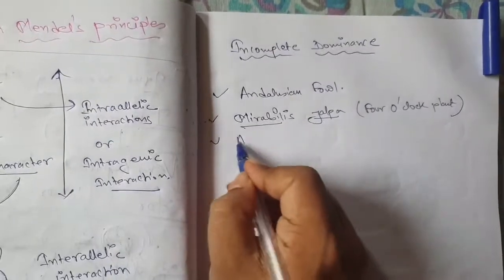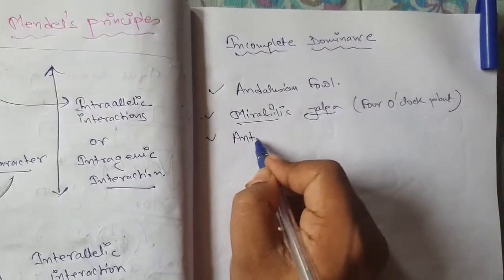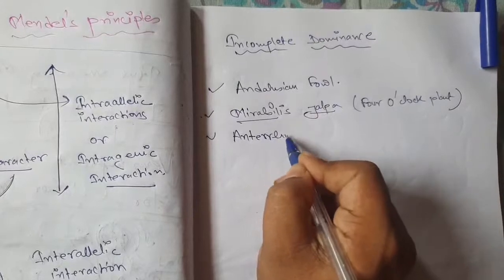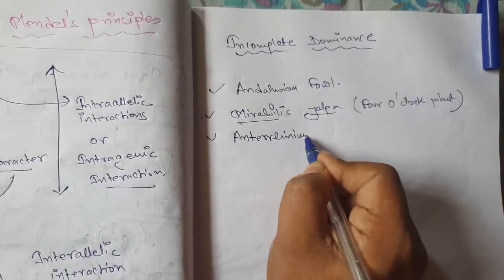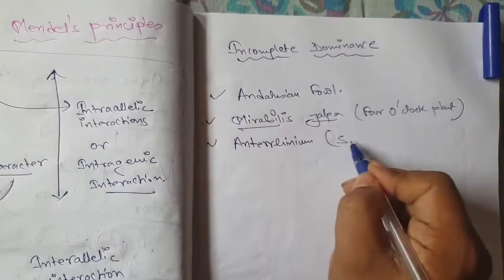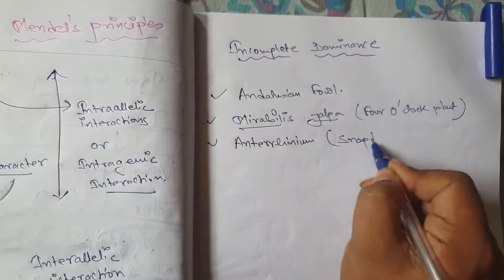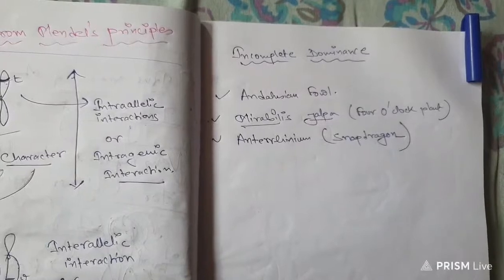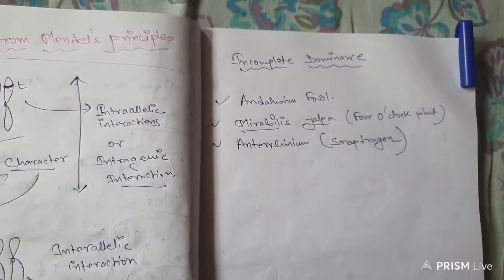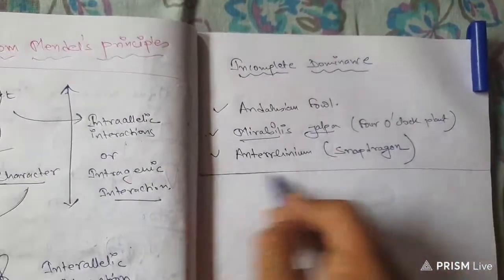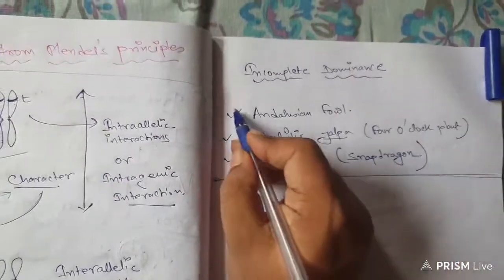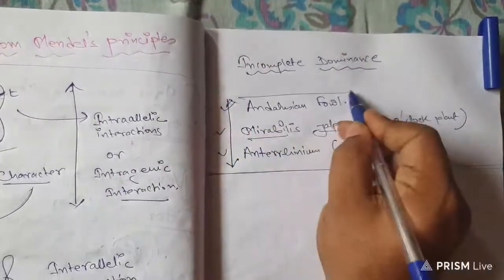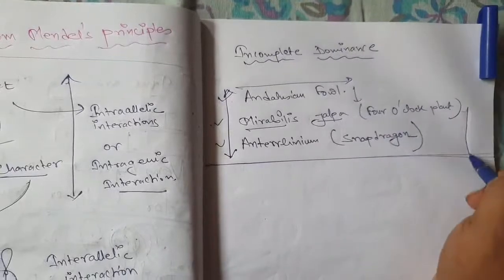And another is Antirrhinum, which is also known as the snapdragon. So these are the three examples that we will understand, or keep in mind, about incomplete dominance.